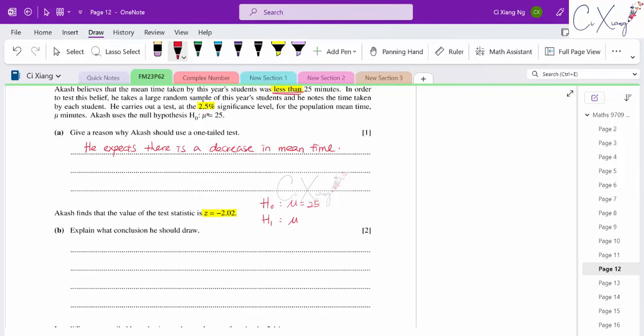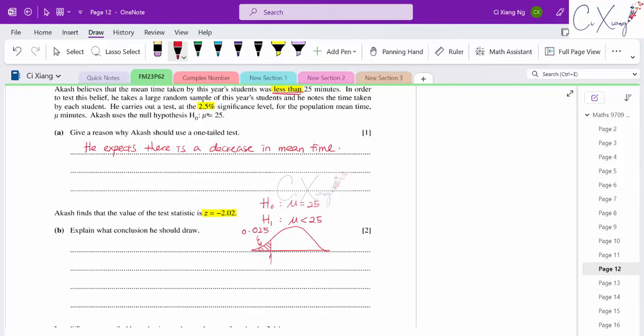And then the alternative is mu is smaller than 25 minutes, because he expects a decrease in the mean time. And since we are having the significance level 2.5%, if you try to illustrate it using the diagram, our rejection region should actually be on the left hand side because of the smaller sign. It should be on the left hand side, and this particular area basically is 0.025, which is 2.5%.